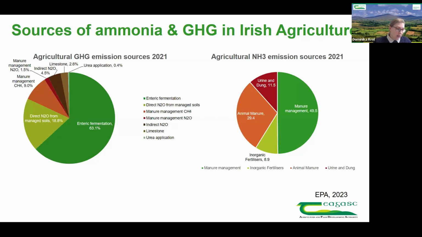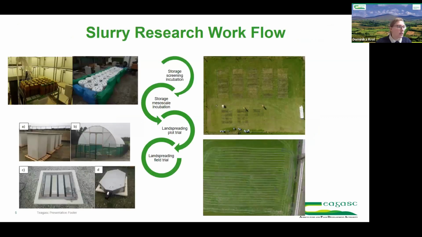If you think about the relatively short housing period in Ireland, and also a lot of slurry spreading occurring in spring, clearing and emptying those tanks as quickly as possible, that part of agricultural management gives rise to a lot of ammonia emissions, and that is a large nitrogen loss. So there are really two sides of the coin of why to reduce emissions.